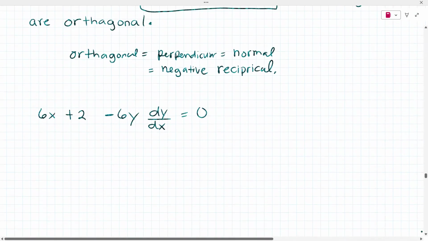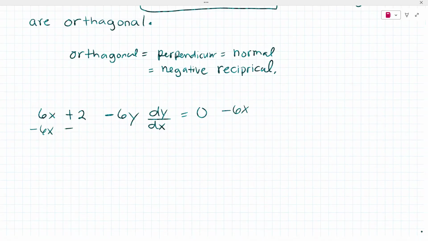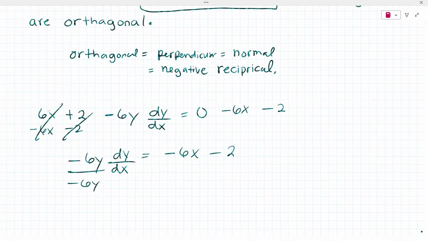So what I would do is maybe subtract 6x, subtract 2, you get negative 6y dy dx equals negative 6x minus 2. And then solve for dy dx by getting rid of this negative 6y.